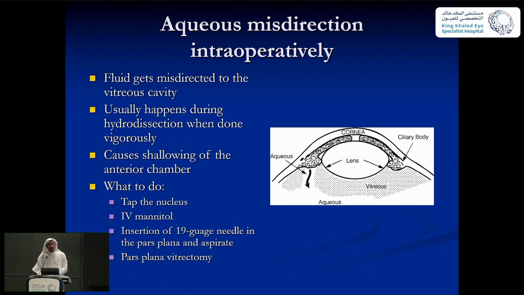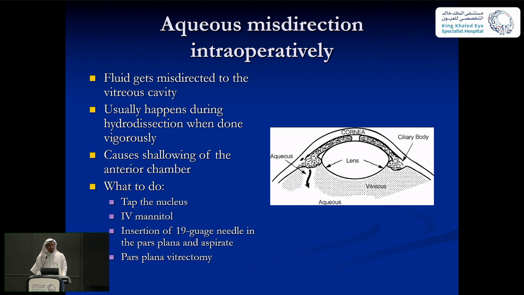And if we tap the lens, we are forcing the fluid from behind the lens to go to the front and evacuate it through the rhexis. IV mannitol can be tried, and sometimes we have to insert a 19 gauge needle in the pars plana and aspirate if the chamber doesn't want to form.